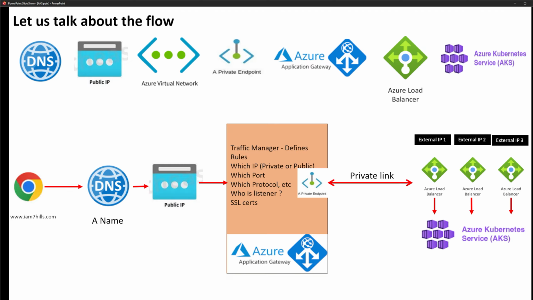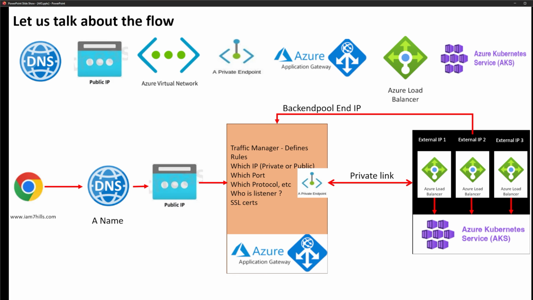Basically, each application has its own internal load balancer that communicates with your Azure application gateway through the backend pool IP. That is how your AKS cluster and Azure application gateway communicate with each other. Let's see all this flow in a demo shortly. Please stay tuned.